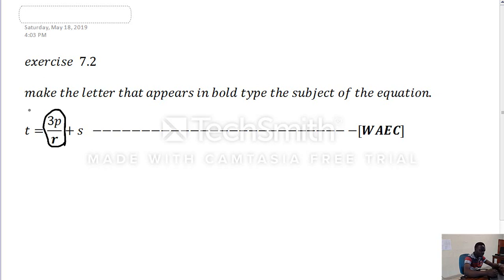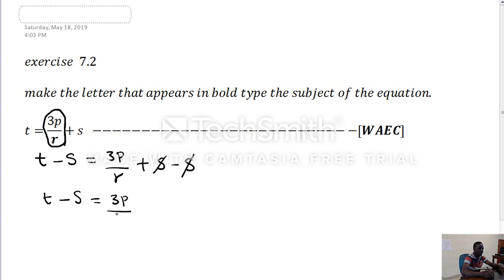So subtracting s from both sides, we have t minus s is equal to 3p over r plus s minus s, of which plus s minus s will give us 0, and we'll have t minus s is equal to 3p over r.